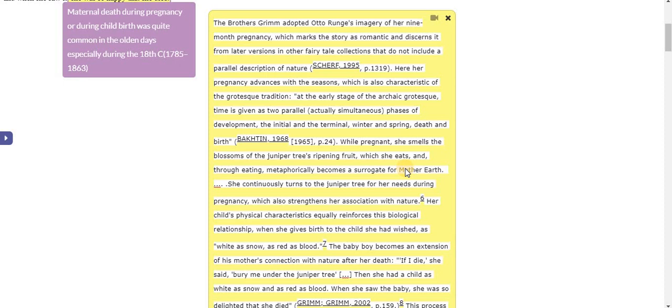Thus, the child actually belongs to Mother Earth, and the woman becomes a surrogate mother here, because she takes the fruit from Mother Earth, consumes it, and gives birth to Mother Earth's child. So she becomes a surrogate mother.